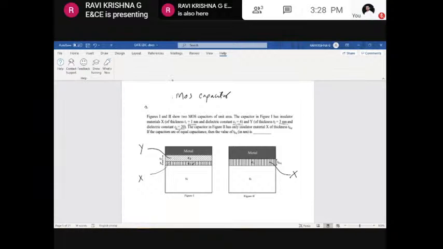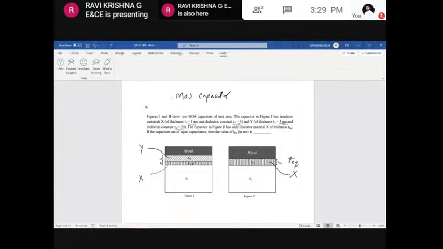But the thickness of this dielectric material is given as TEQ. So here, if the capacitors are of equal capacitance, which means the capacitance of this MOS capacitor and of this MOS capacitor are the same, then we need to determine the thickness of this dielectric material in nanometers. That is the question.